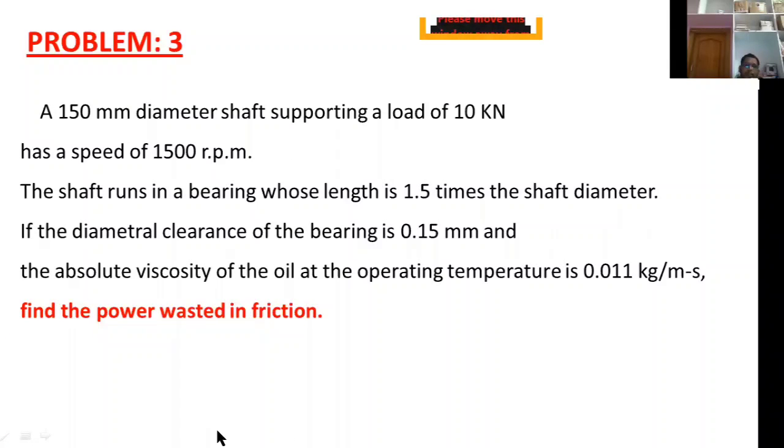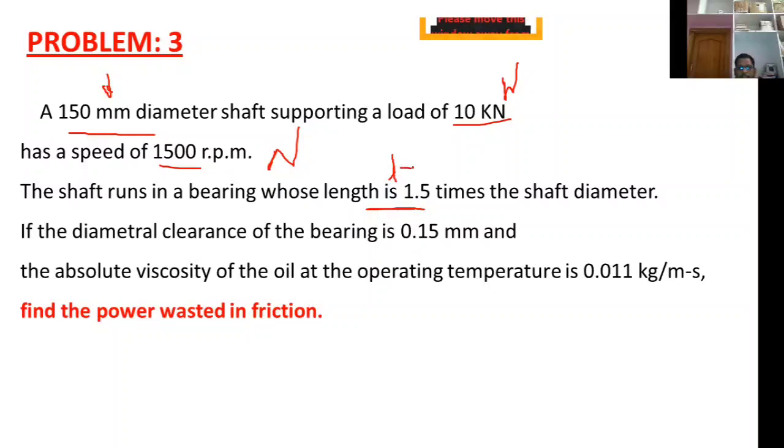Here, in the given problem, the diameter of the shaft is given, that is small d, and the load is also given, that is W. The speed is also given, that is capital N. The shaft runs in a bearing whose length is given, that is L.